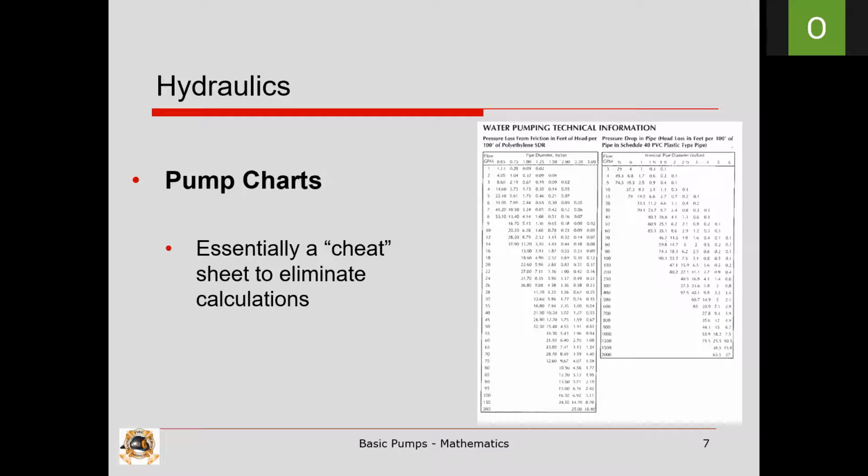On each pump panel, there should be a pump chart right on there. If you know how to use these and learn how to use them, all the information you need is right here. All you need to know is how much water you want to be flowing and how many lengths of hose you have out, and it'll tell you what you'll need to set your pump pressure at.